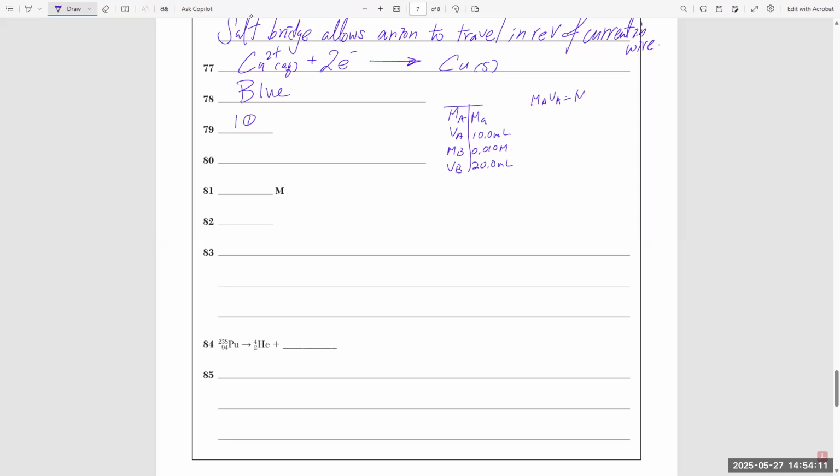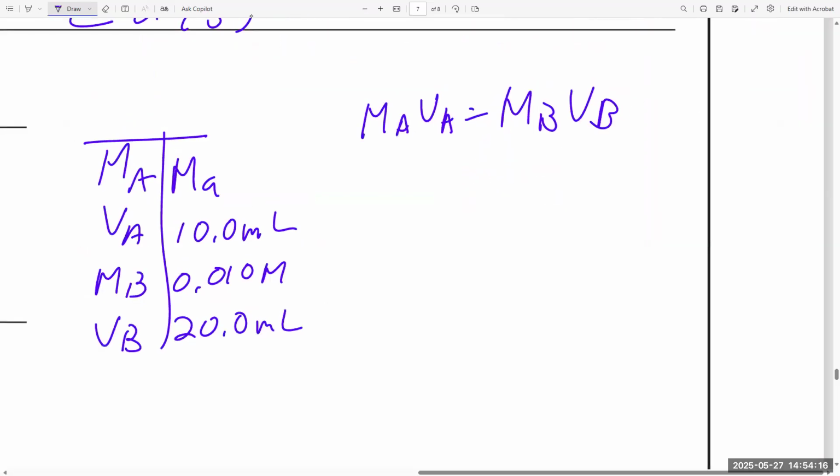MAVA equals MBVB, right? So MA is equal to MBVB divided by VA.